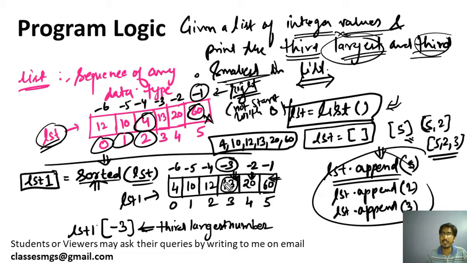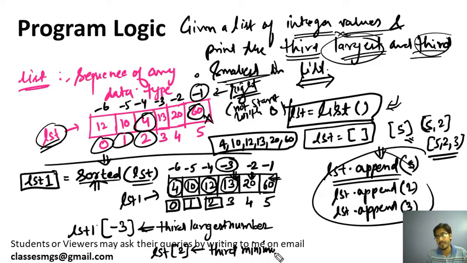Similarly, if you want to calculate the third minimum, then the minimum value will be at the start of this list, at index 0. At index 0 you will have the minimum value, at index 1 you will have the second minimum value, at index 2 you will have the third minimum value. So to calculate the third minimum value, what do you need to write? list2. If you write this, it will print the third minimum number.